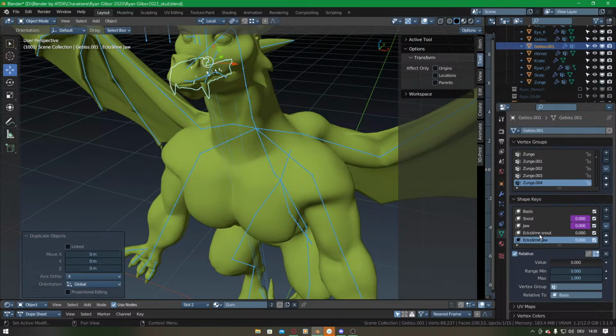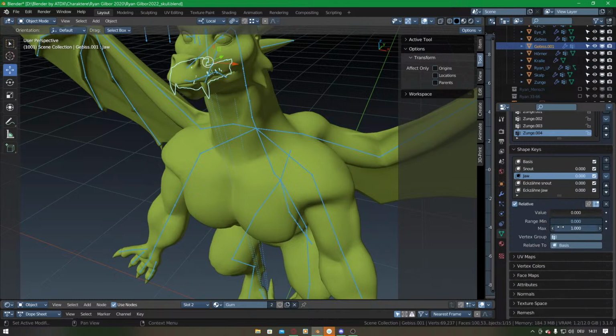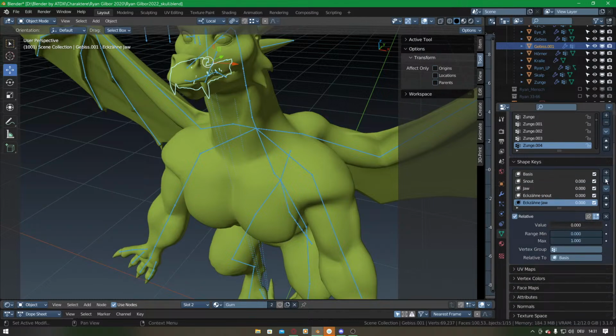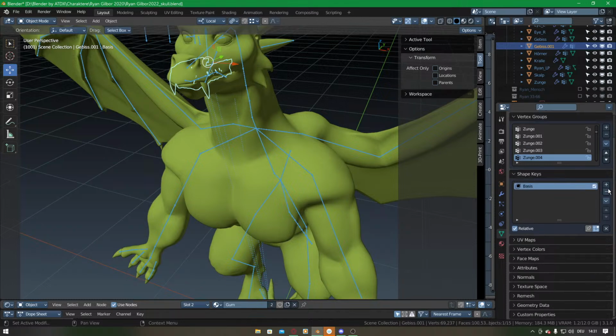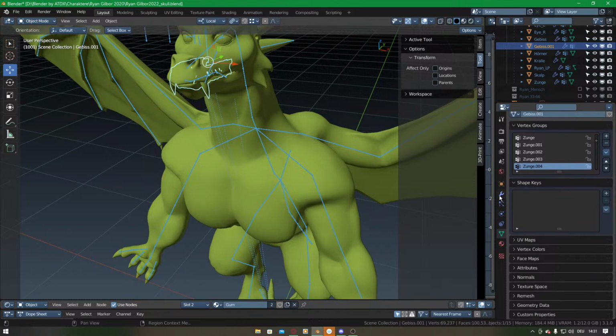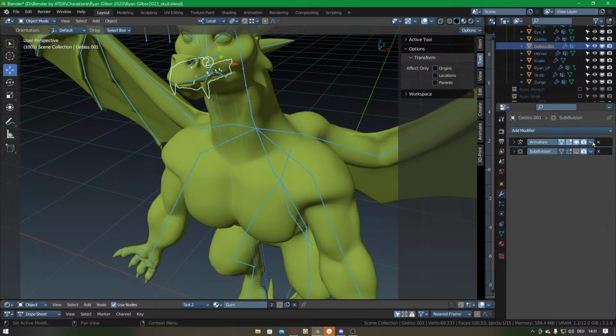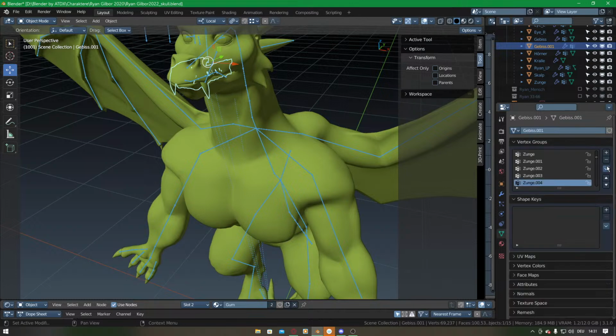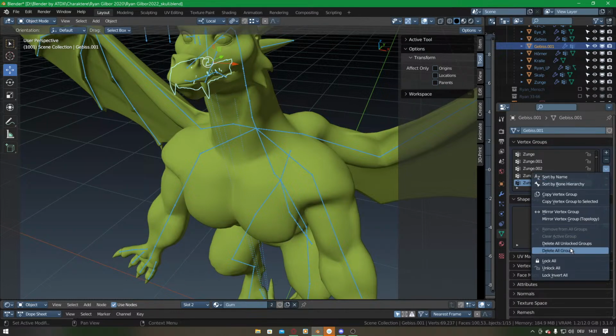Then I'm deleting the drivers. Then just get rid of everything here. Apply the armature. Get rid of all groups.